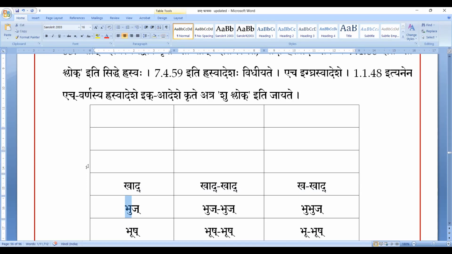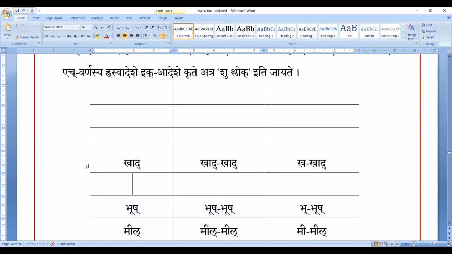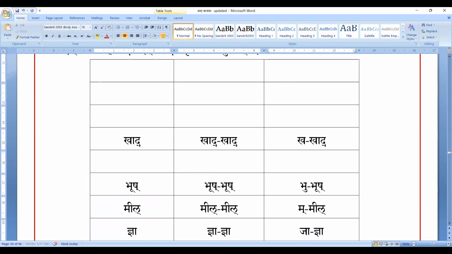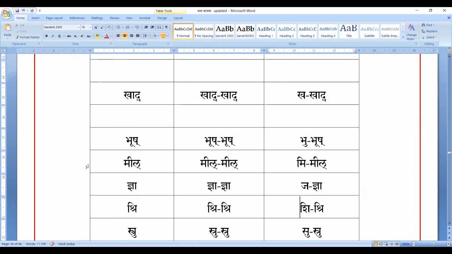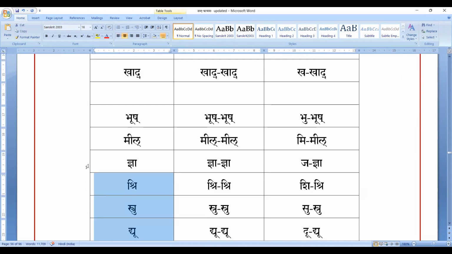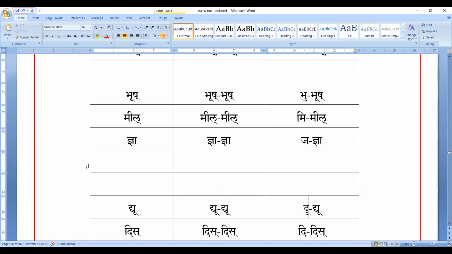Similarly, Bhush will be there. Becomes Babush. Rasvaha. Here Me will become Mimi. Here it becomes Jagya. This I remove. Then Dyu will become Dudyu, right?